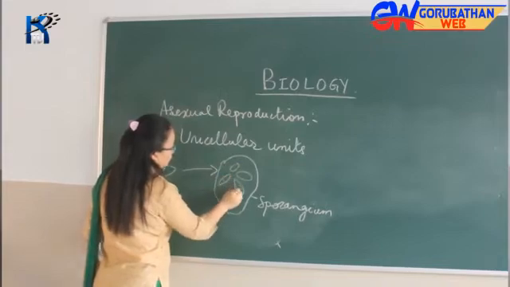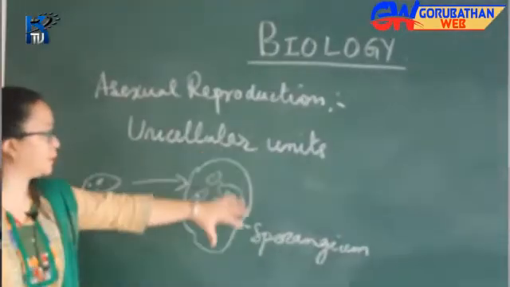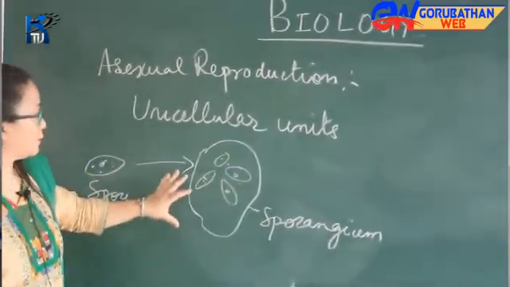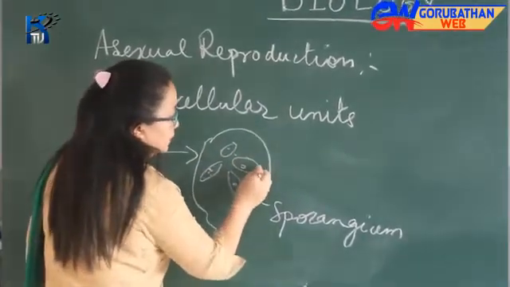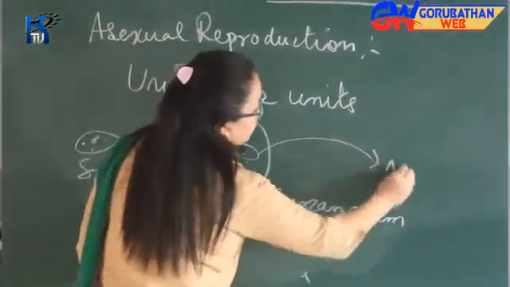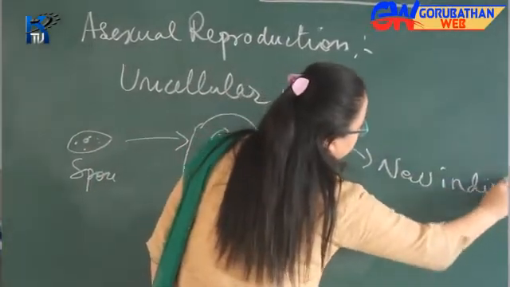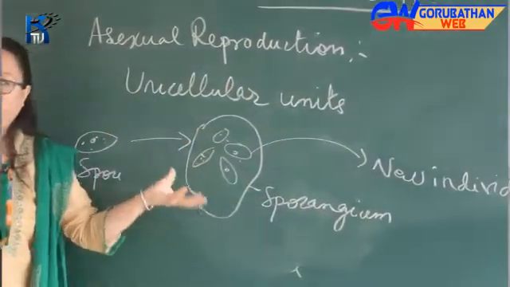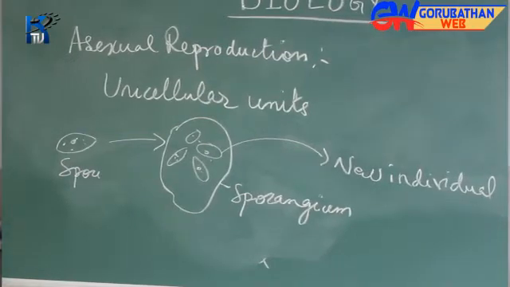These are the spores. So it is found within the sporangium. The sporangium is a sac-like structure. Then these spores will develop into the new individual without undergoing any union.